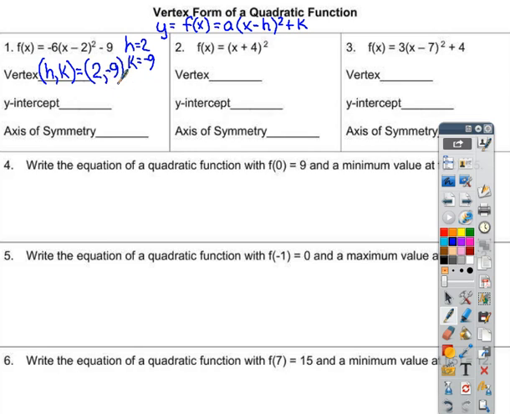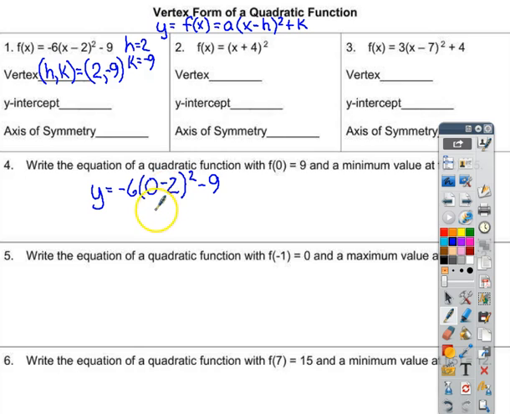Second thing we're going to do is calculate the y-intercept. Where you have a y-intercept, x is equal to 0. So we're going to use our equation y equals negative 6, plug in 0 for x, subtract 2, square it, and then subtract 9. Now it's just basic math. 0 minus 2 is negative 2.